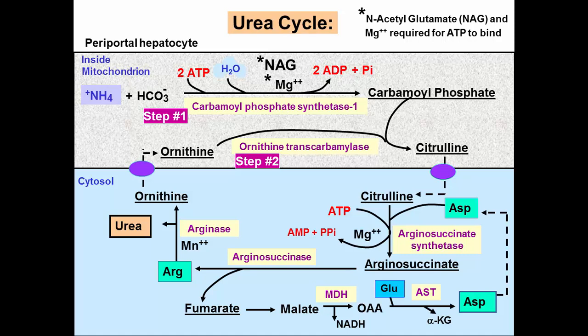So we're going to join these two by an enzyme called carbamyl phosphate synthetase to make carbamyl phosphate, which is a 1-carbon entity. And the main step here, some things to note, is that it takes ATP. It takes this activator called N-acetyl-glutamate, or NAG, if you want to remember it that way.